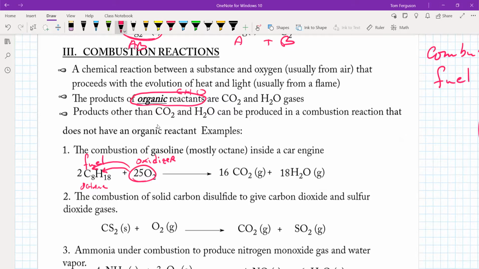Whenever you start your car in the morning, you're going to end up with liquid water, not gaseous water, because the system hasn't warmed up enough to turn the liquid water into steam coming out the tailpipe. But you still produce water, regardless of the physical state it's in.